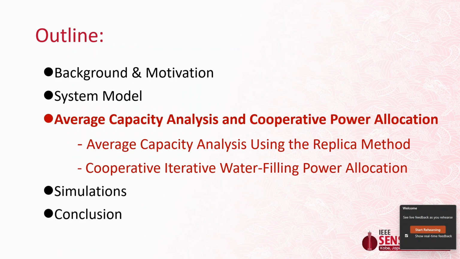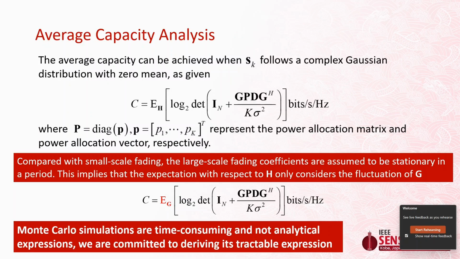After the system model is established, we will dive into the core of this presentation, average capacity analysis and cooperative power allocation. The average capacity can be achieved when SK follows a complex Gaussian distribution with zero mean as given in the slide. Compared with small-scale fading, the large-scale fading coefficients are assumed to be stationary in a period.